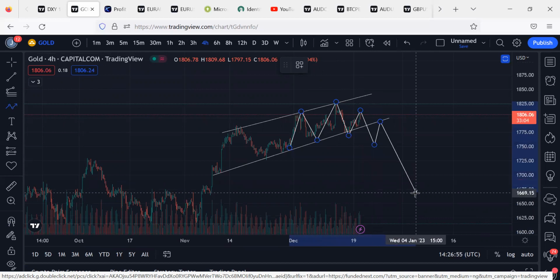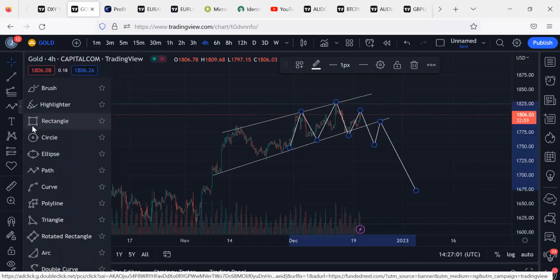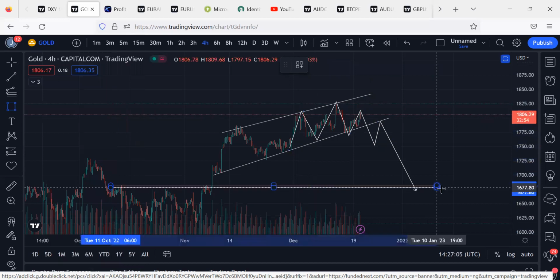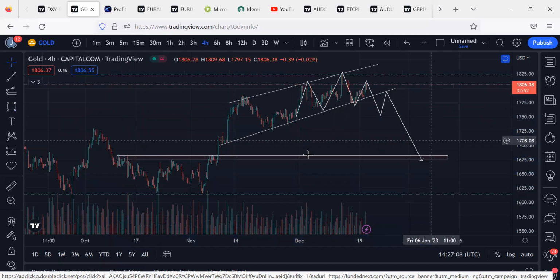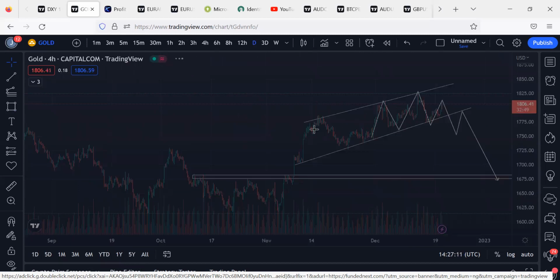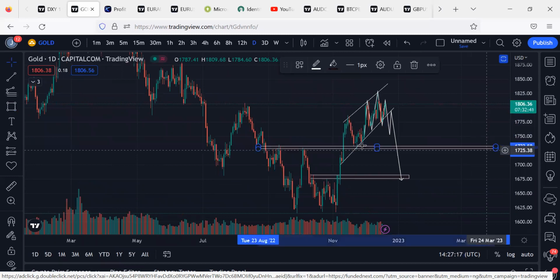So I would take this instead of that. Probably this is where we're coming down to, because it is a very good area of value also. Or we might take this on a daily and say that this is a very good area of value also. This is our most recent low.